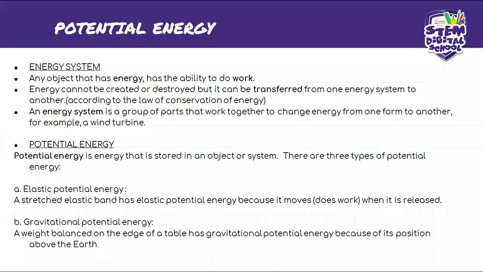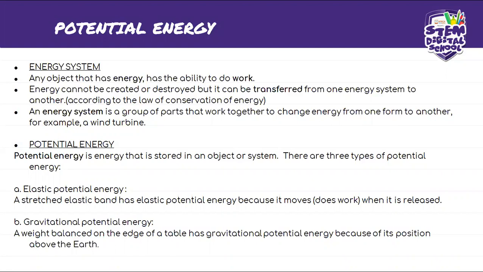All right. Then we have another one that is called gravitational potential energy. An example of gravitational potential energy is a weight balanced on the edge of a table. So if I have a table, and I have something close to the end, from the ground up to the top of the table where the book is, because of the height, the book has gravitational potential energy.